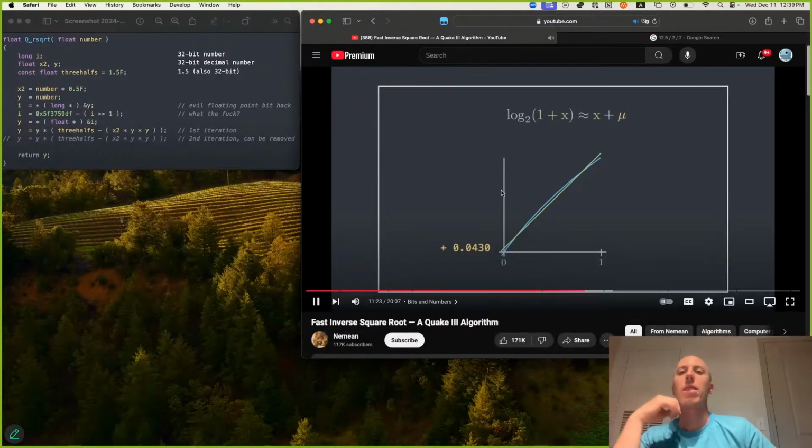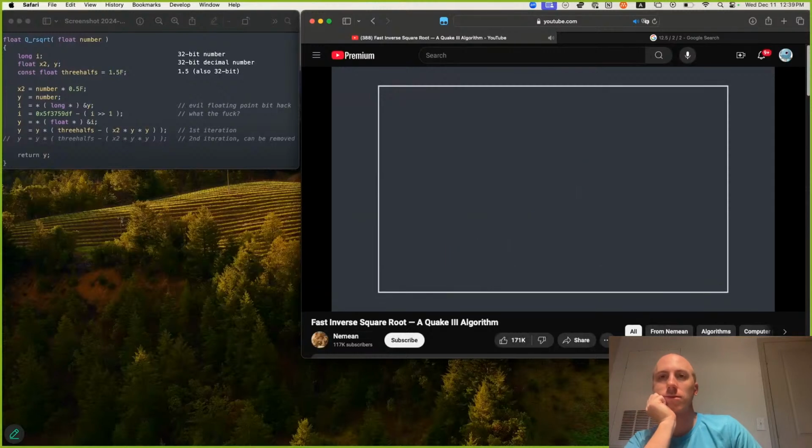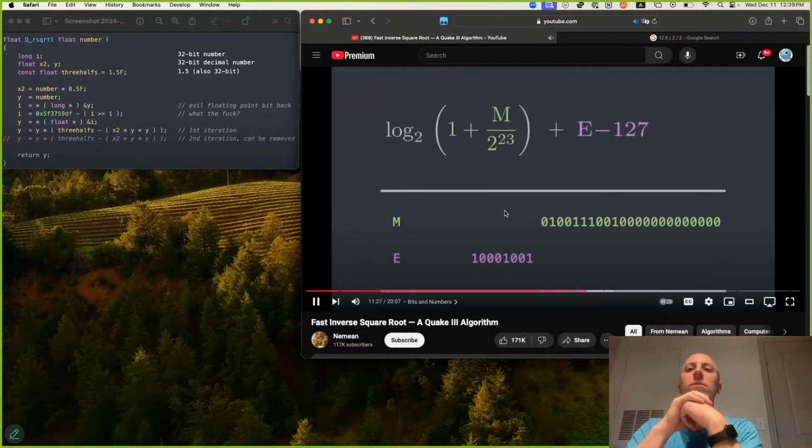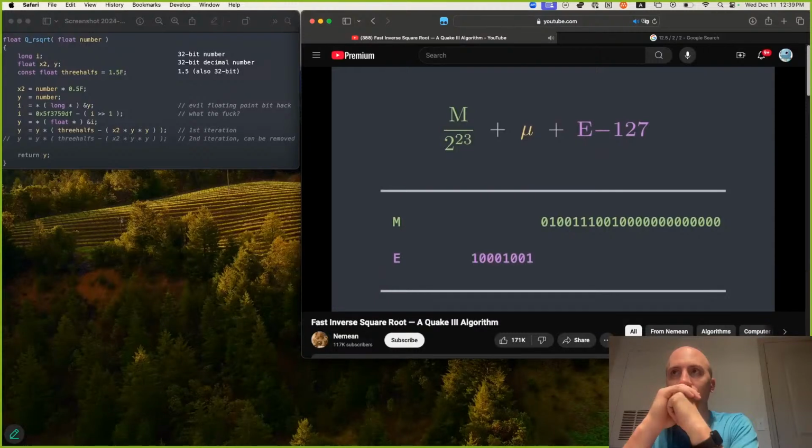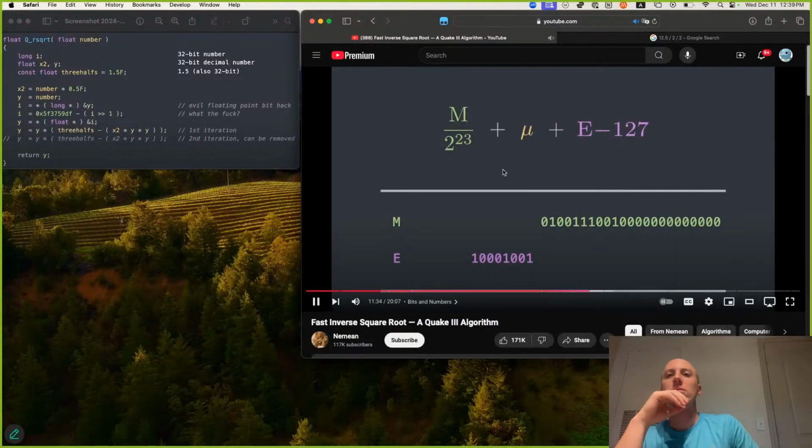And 1. So going back to our formula, we apply our trick, as m divided by 2 to the 23 is indeed a value between 0 and 1.